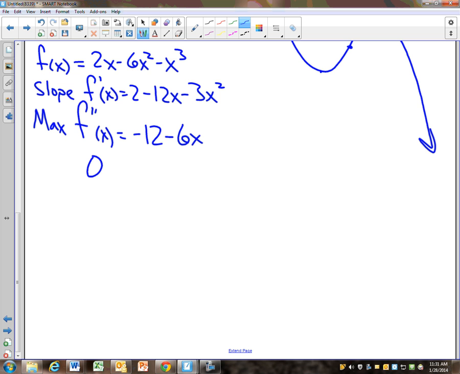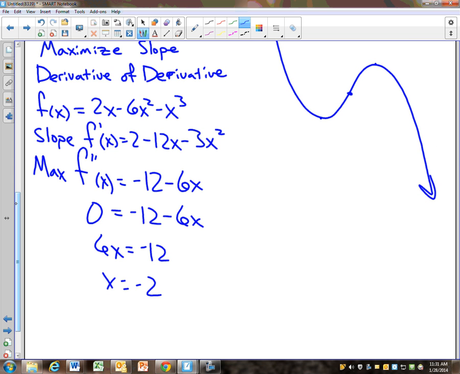So if we take this and set this equal to 0, I get 6x is equal to negative 12. So what does that mean? Okay, very good. At negative 2, so the x-coordinate is -2. To find what? The y.